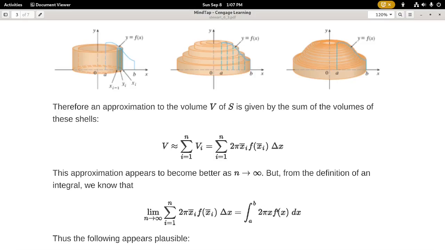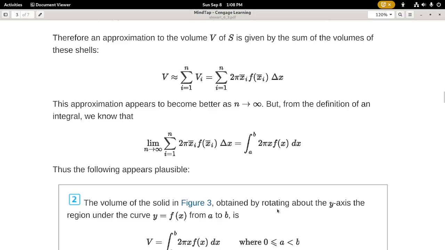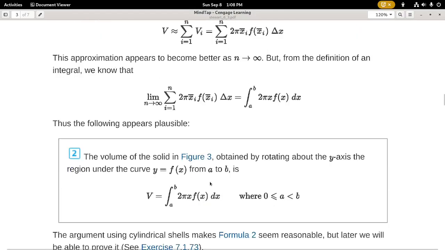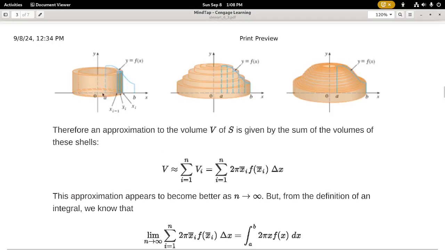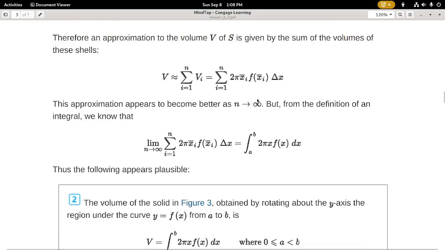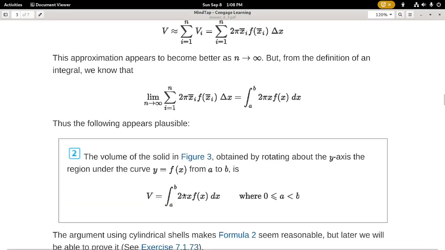To summarize everything I just did: if you have some curve, y equals f of x, going from a to b, and you rotate that curve about the y-axis, and you want to find the volume of the resulting shape, you get the volume of the really tiny cylindrical shell at the value x.